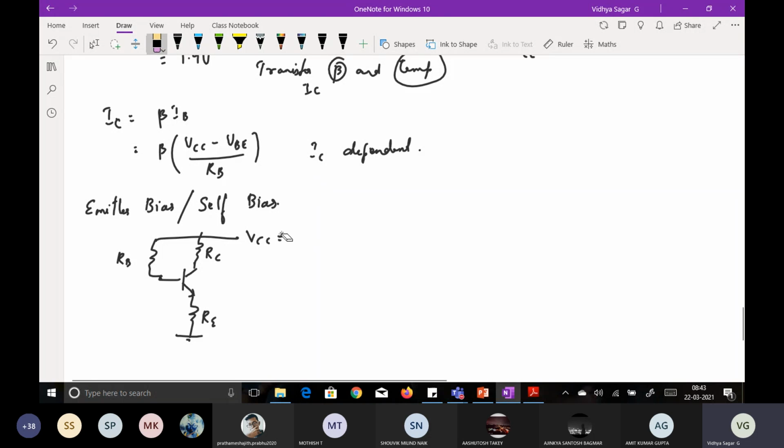I hope you can solve the problem in the next class. Just the expression I'm going to give. So now I'll see that IC will be beta times IB. So what is IB? What will be the input loop? Go ahead, you can just tell me the input loop.